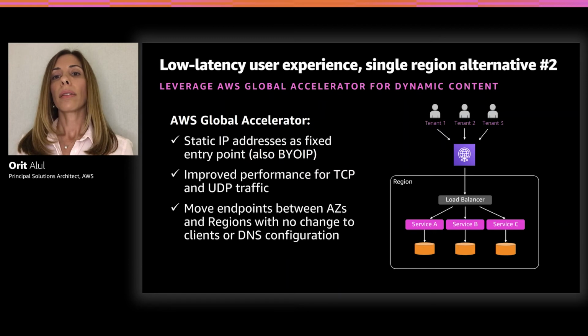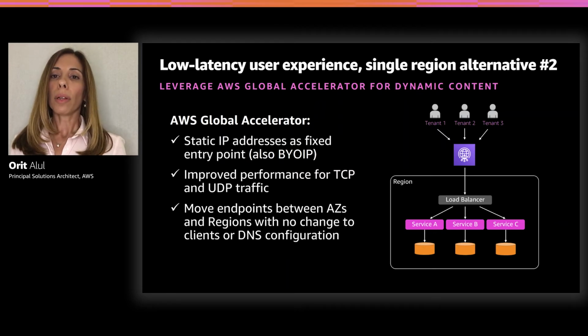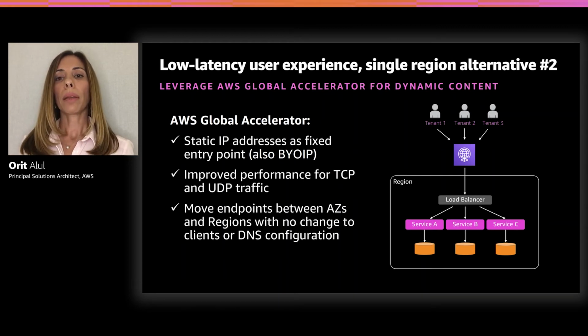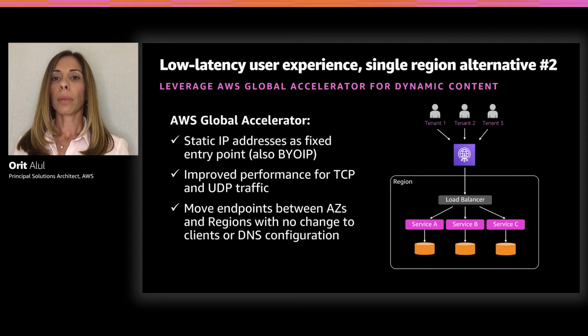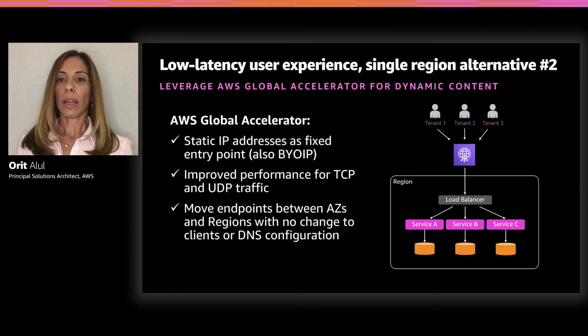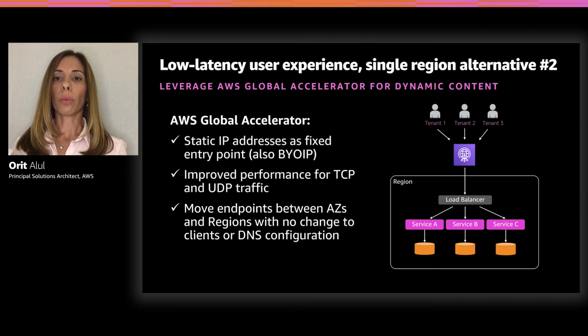This improves the application performance and availability for globally used applications. Also, AWS Global Accelerator provides 2 static IPs that can be associated with the accelerator, and you can bring your own IPs as well.